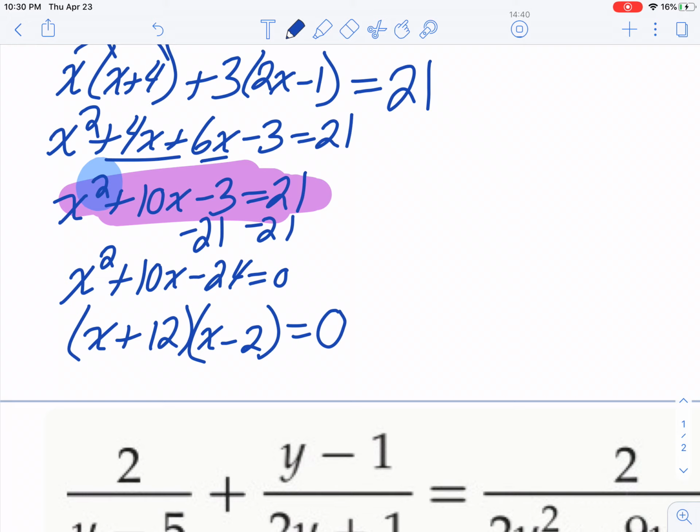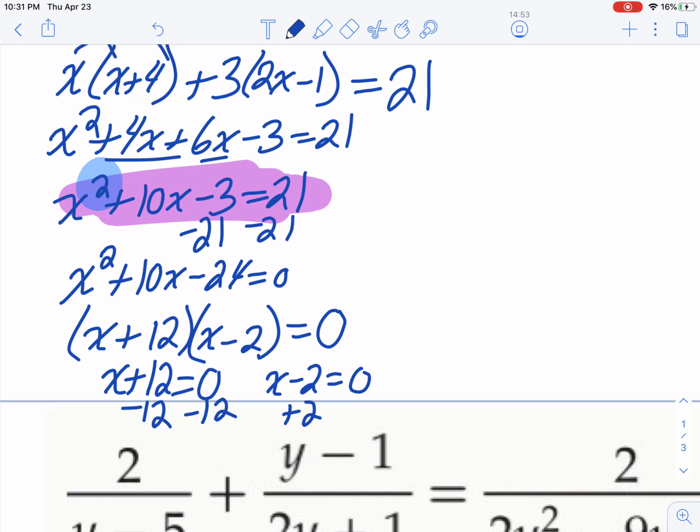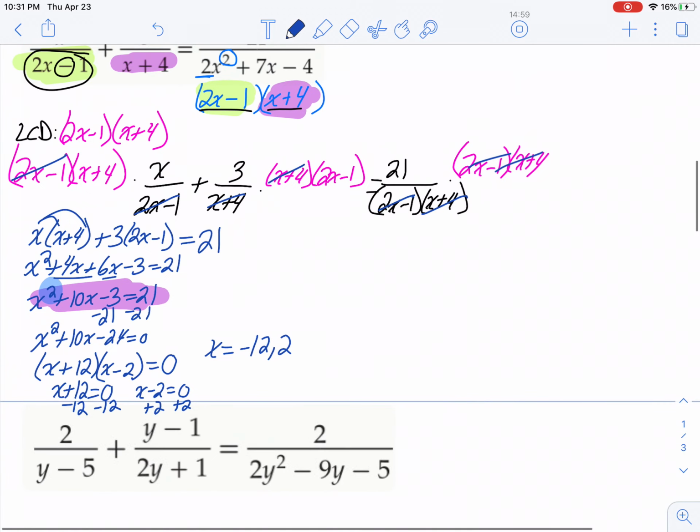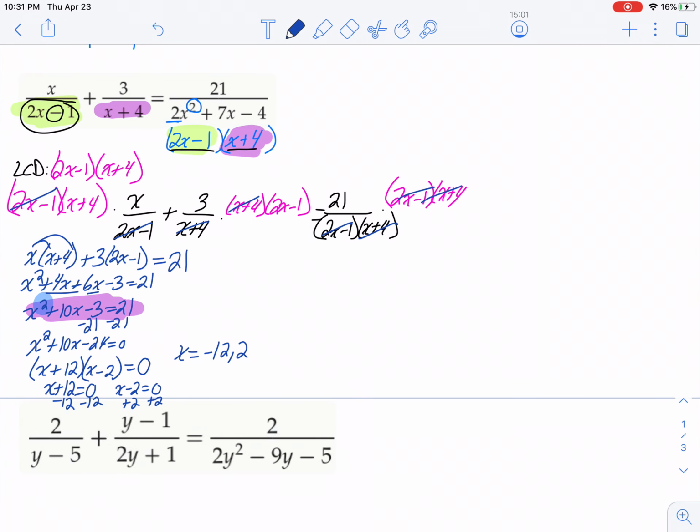So I've got it factored. To solve by factoring, I need to set each of these parentheses, x plus 12 equals 0, x minus 2 equals 0. Subtract the 12 over, add the 2 over, and I get x equals negative 12 and 2. Got two possible answers, okay?